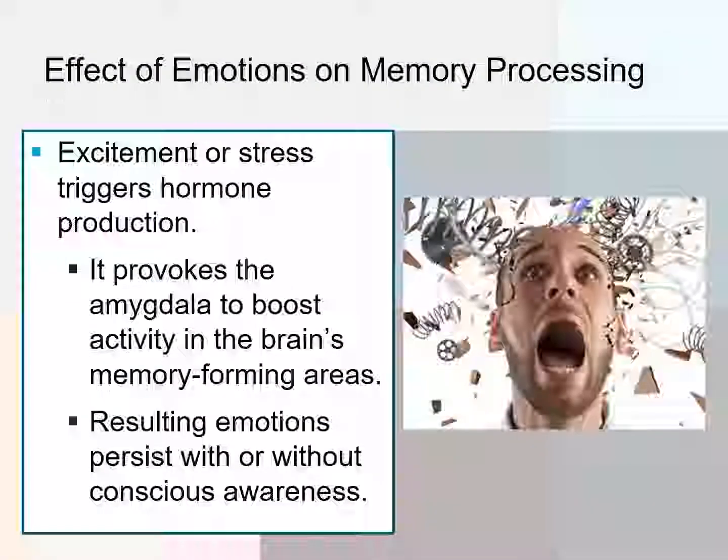There are also effects of emotions on memory processing. Hopefully you're not feeling like the guy in this picture. Excitement or stress triggers hormone production. It provokes the amygdala, which is another part of your brain, to boost activity in the brain's more memory-forming areas. The resulting emotions persist with or without conscious awareness.